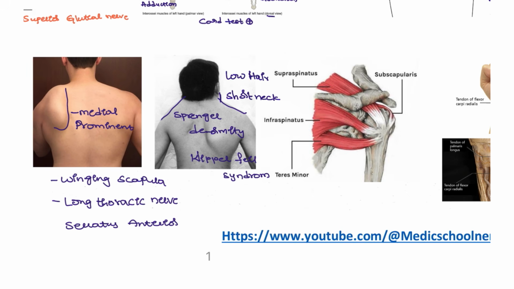All these conditions are not associated with any kind of shoulder defect. This is actually associated with a defect of the cervical vertebrae. So failure to form, the non-fusion or failure of the cervical vertebrae, is going to present in Klippel-Feil syndrome.